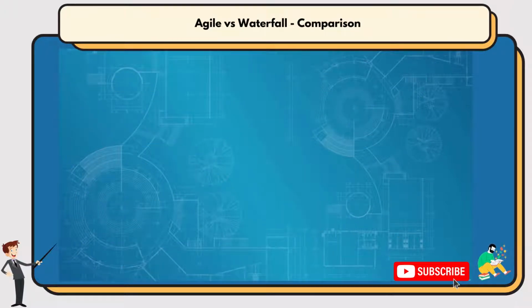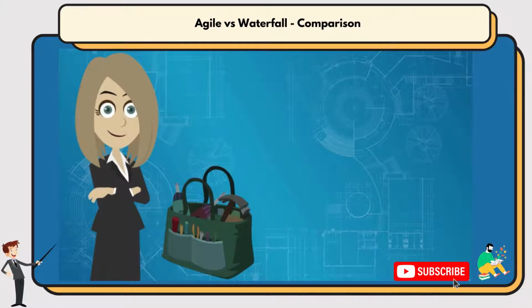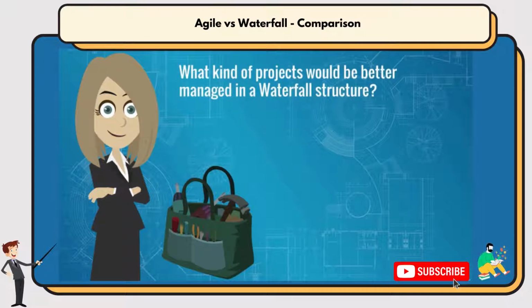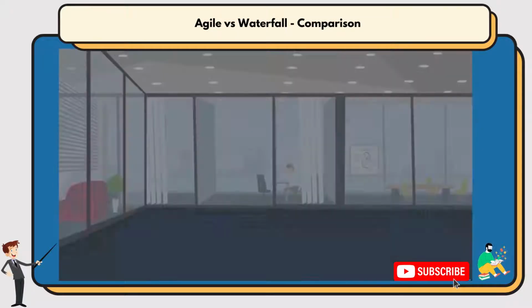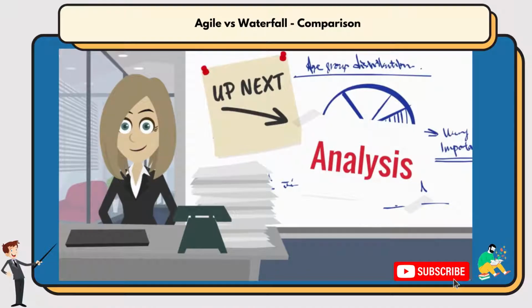They are different tools in the project manager's toolbox, and they need to choose according to the specific case at hand. That's why the question should be, what kind of projects would be better managed in a waterfall structure, and what kind of projects would be better managed in an Agile one? So let's tackle this question in our next video. See you in a bit.